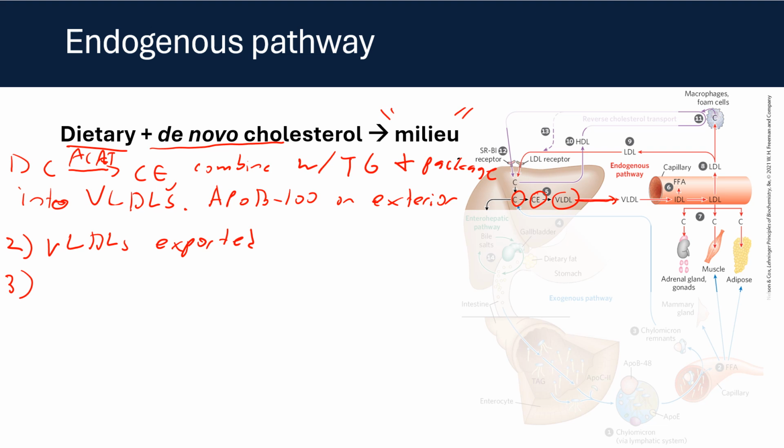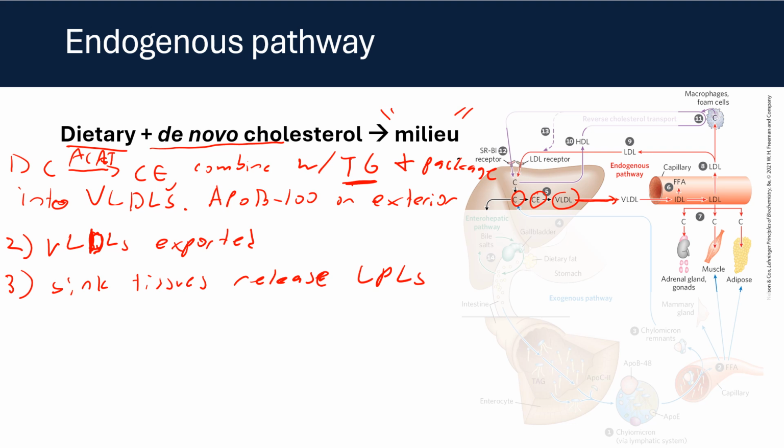Step 3, the VLDLs are going to circulate and they're going to pass by sink tissues. And these sink tissues are going to release gradually lipoprotein lipases, LPLs, and that is going to offload the triglycerides first.